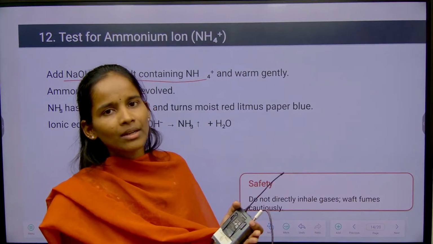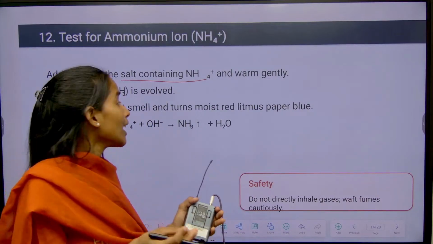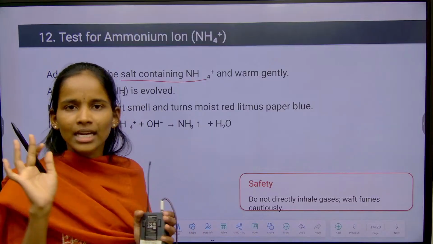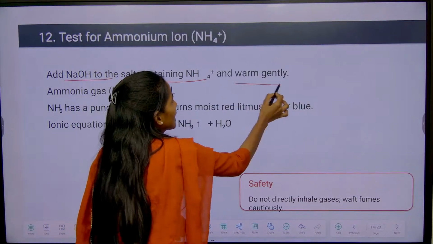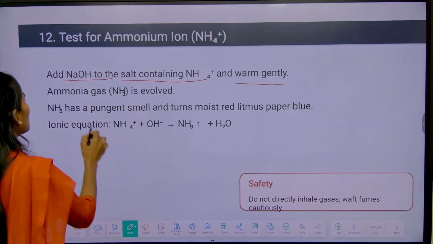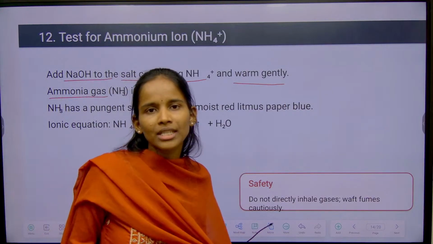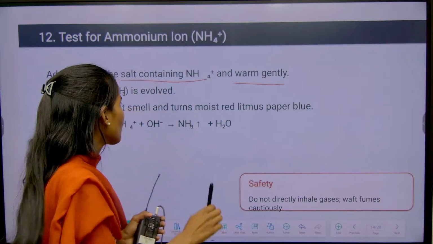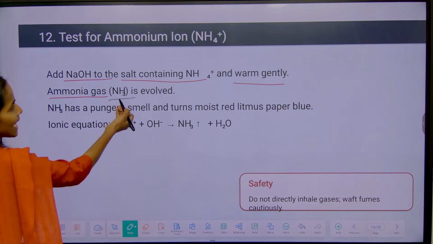First, we take the salt solution which contains ammonium ion, and to that solution we add sodium hydroxide, which is our reagent. We heat it a little bit. Then ammonia gas is evolved by the reaction between sodium hydroxide and the ammonium-containing salt solution. Ammonia's formula is NH3.